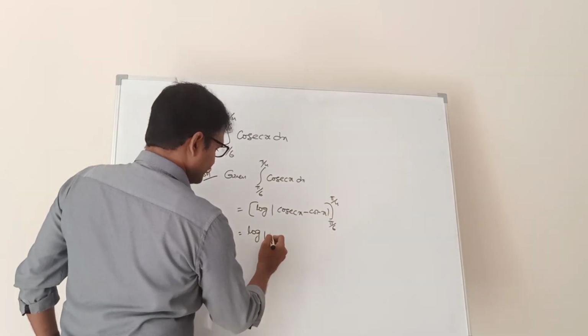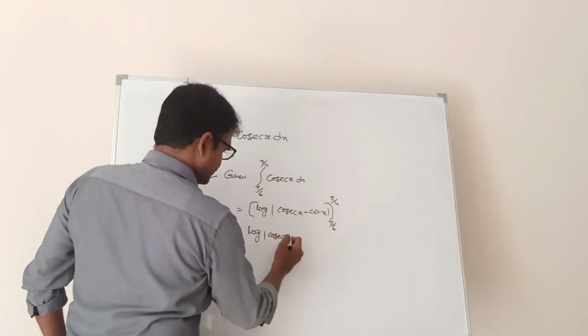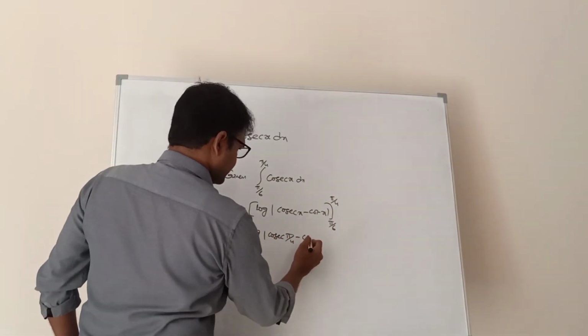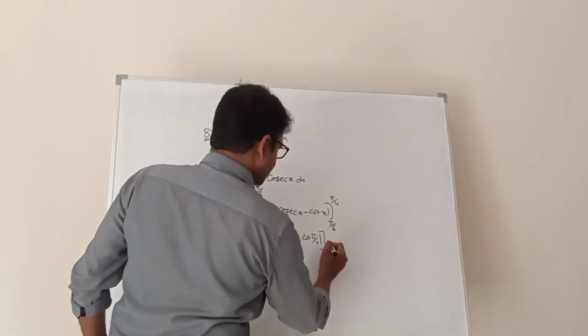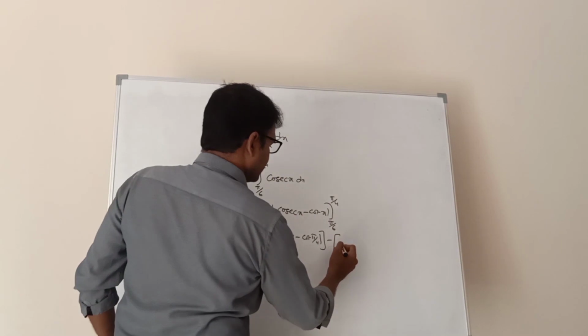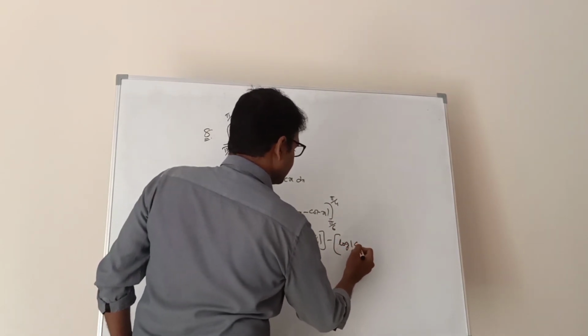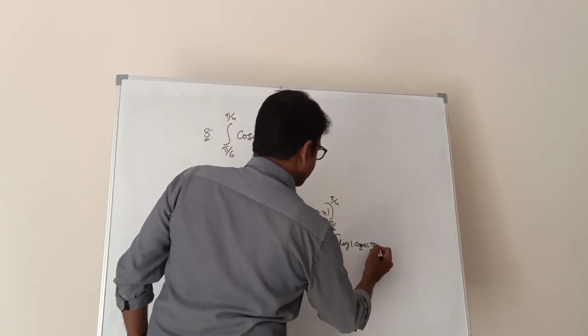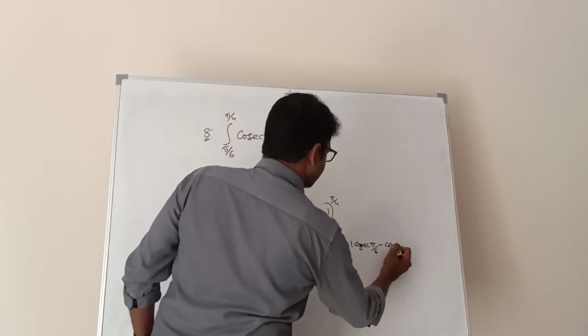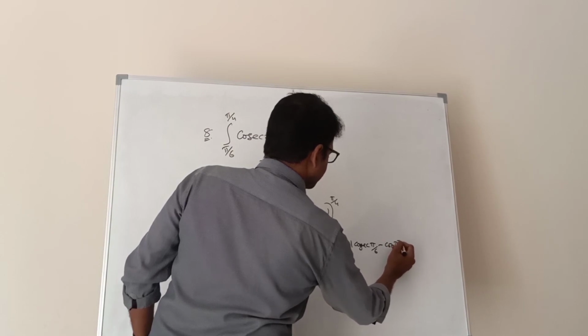Substitute 45. Cosec 45 minus cot 45, minus lower limit log mod cosec 30 minus cot 30, pi by 6.